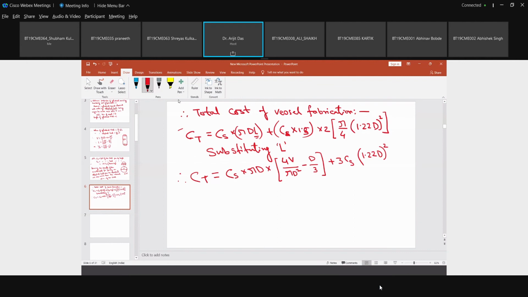Now you find the simplified value of CT.